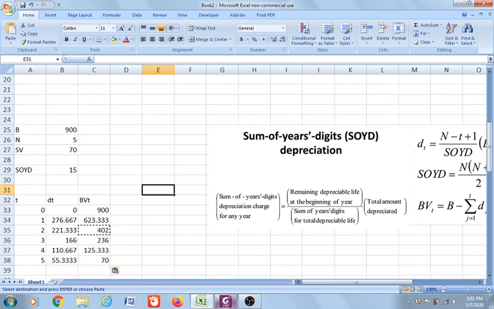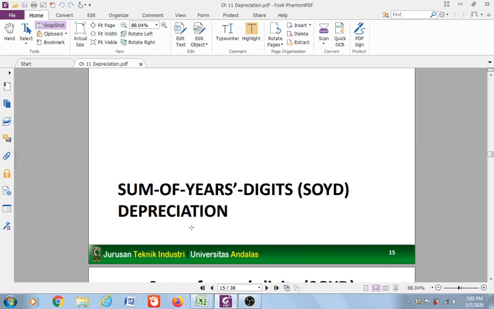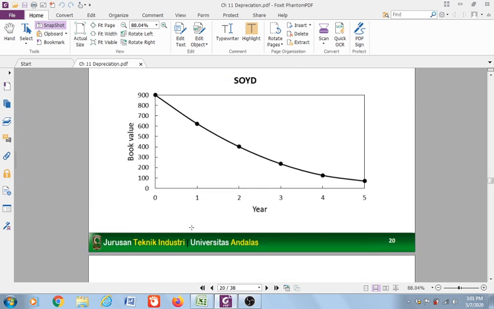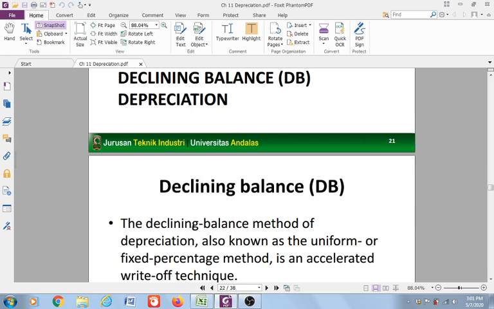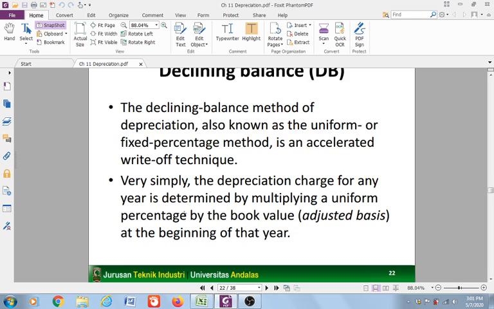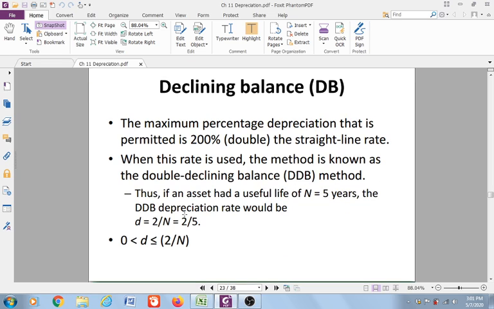Now let's see method number 3, which is the declining balance method. With the declining balance method, we will calculate the depreciation by using a factor.